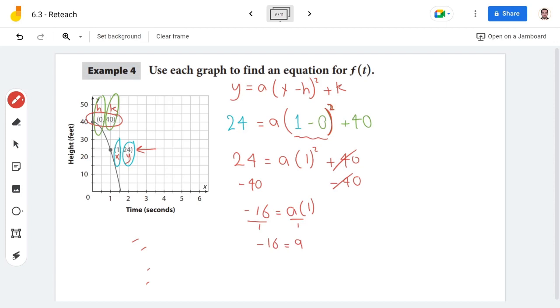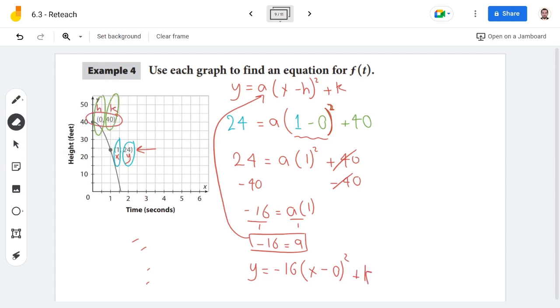Negative 16. Okay, so now after we identified a, let's replace it in the vertex form equation. y is equal to negative 16 times x minus h, and h is 0, right? So we don't have to write the 0. You don't have to write 0 to the power of 2 plus k because it's already 0. So don't write this one.